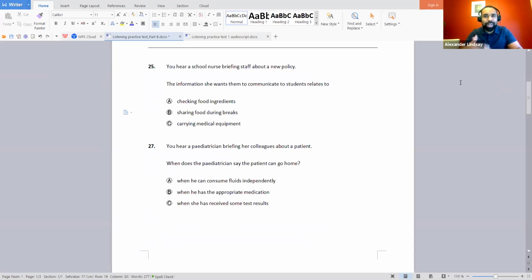Was there any reason as to why you chose B? Let's have a look. Eat from someone's box, not to share food during the break. Okay. Yeah, exactly. So it was very much giving a negative instruction, wasn't it, in terms of what they shouldn't be doing.